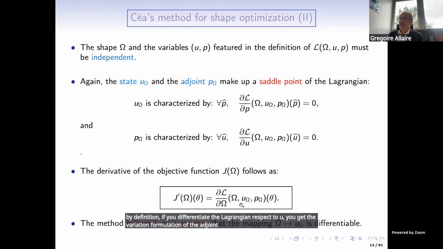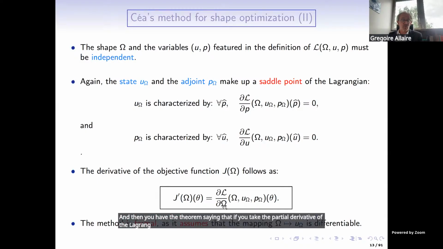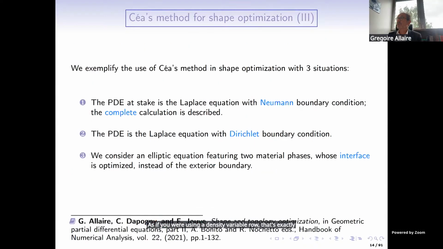Then you have the theorem saying that if you take the partial derivative of the Lagrangian with respect to the shape omega, so you know the classical notion of shape derivative, then you get the derivative of the objective function. That's exactly the same formula as if you were using a density variable rho. That's exactly the same process.